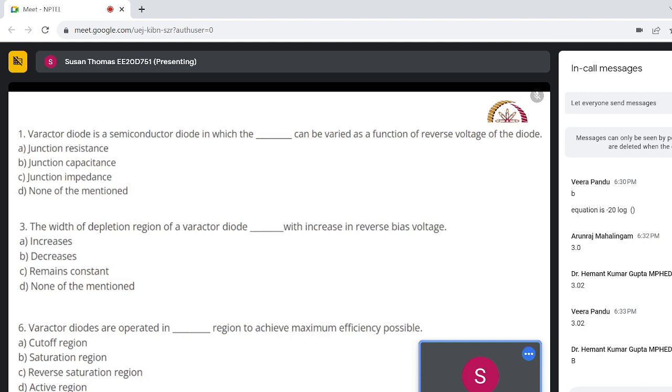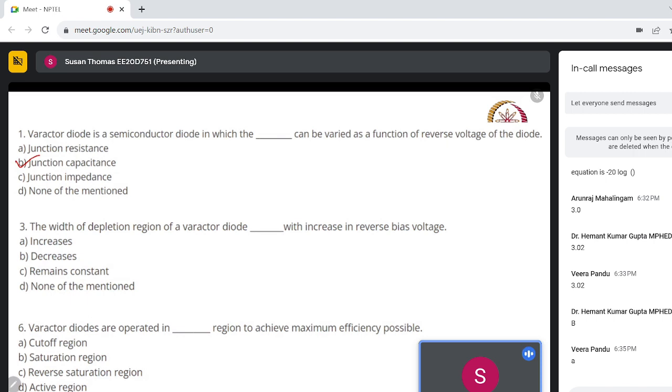Is it the junction impedance? This is a very simple question. Varactor diode, that is variable reactance. By changing the reverse bias voltage, we are changing the depletion layer width, which is basically changing the junction capacitance.